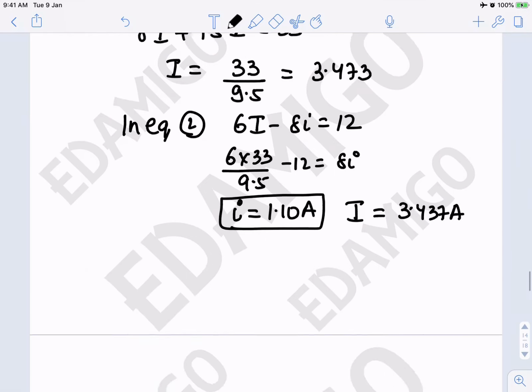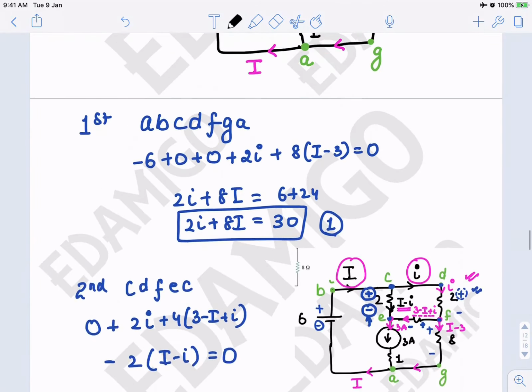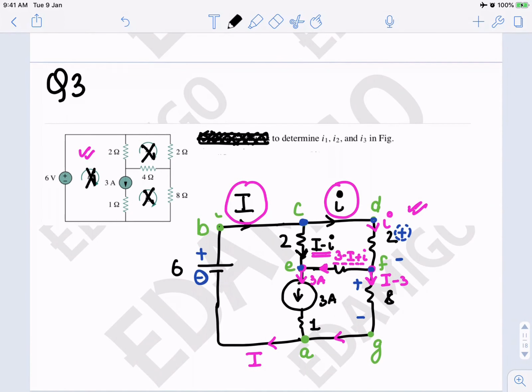Okay, now let us copy the figure. As we know, the current here was capital I, that is 3.474.